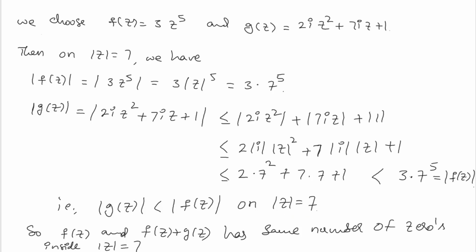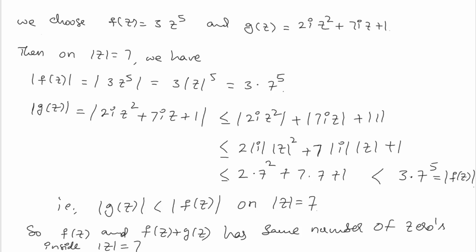So what to choose as the functions f of z and g of z depends on the circle also. To choose the functions appropriately, one can try the trial and error method also. By choosing f of z as 3z to the power of 5, or one can choose 2iz square as another case, and check whether this condition holds or not.